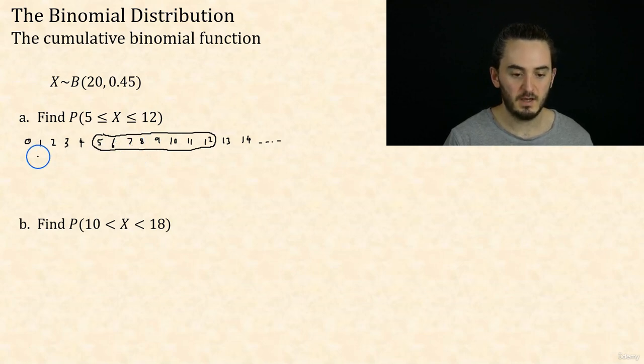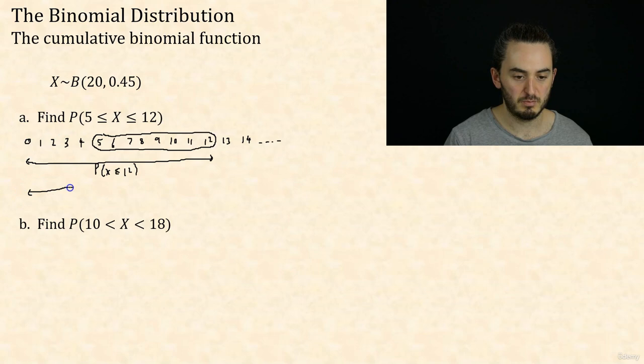We say, I'll first work out the probability of being less than or equal to 12, and that's going to give me everything from 0 up to 12. So that's the probability that x is less than or equal to 12, and then I'm just going to get rid of the stuff I don't want. So I do not want 0 to 4.